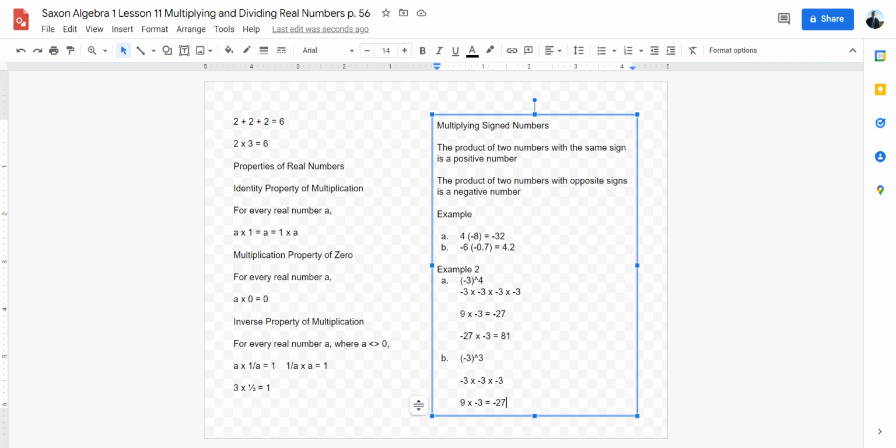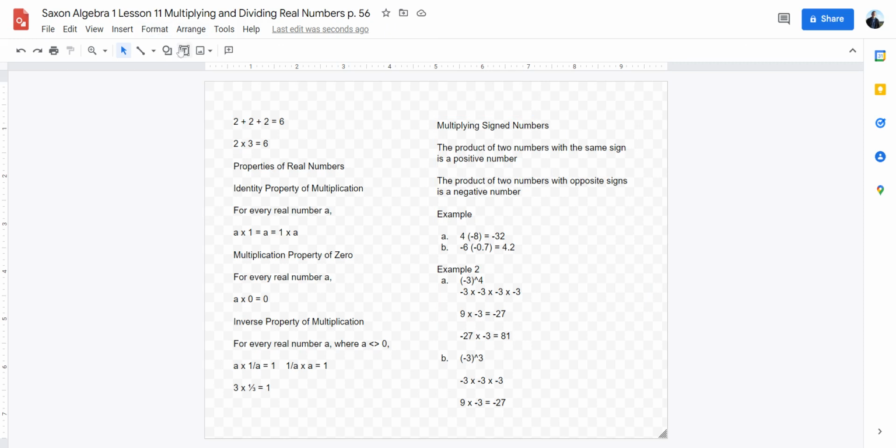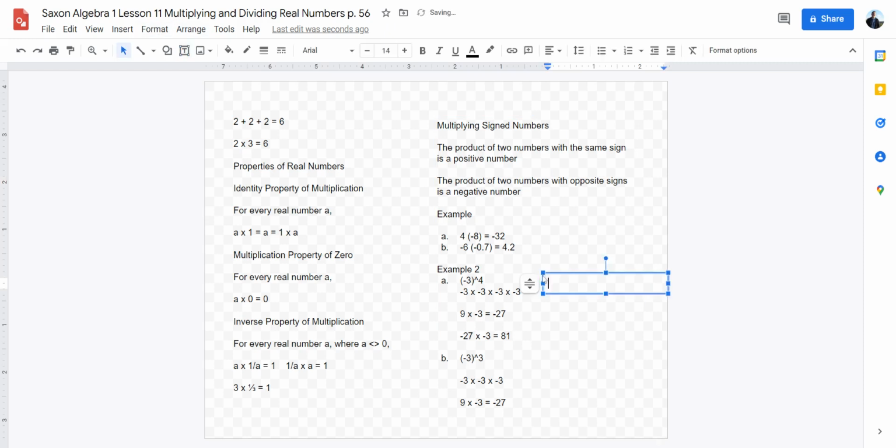Let's look at letter C. I think this one's going to be a little bit surprising to you. And this is one thing you're going to absolutely have to keep in mind when you're working these kinds of problems. What if we have one written a slightly different way? -3 to the fourth. Now notice I didn't put my -3 in parentheses. This means something specific in algebra. That means that my negative is actually applied to the value 3 to the fourth instead of being applied just to the 3 that's being raised to the fourth.